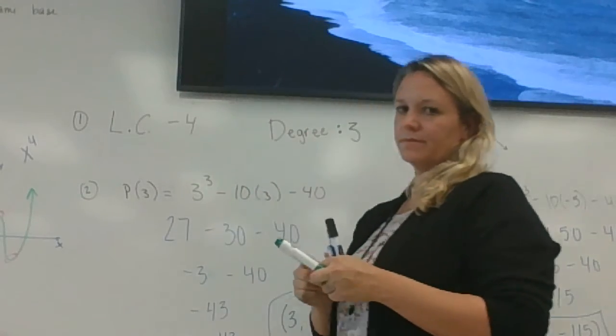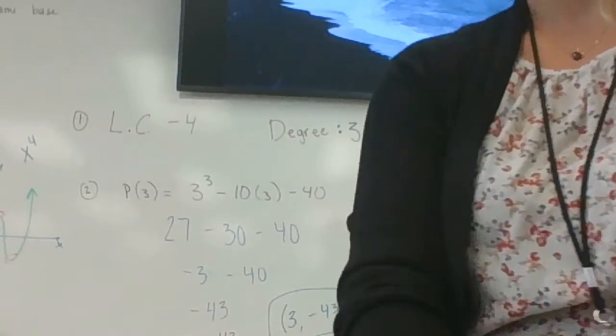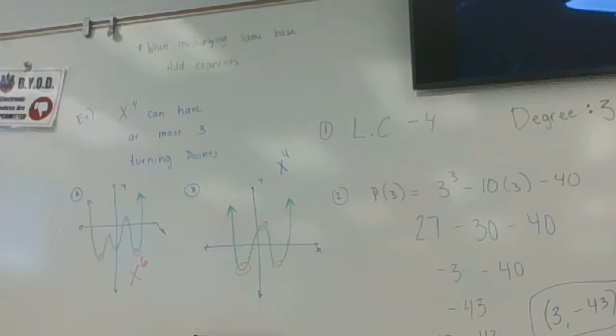So right here it says it's always 1 less, but right there it says at most 3. So does that mean it can be 2 and it can still be x to the 4? So instead of at most, this says the maximum number. It says always 1 less than the degree. The maximum number.